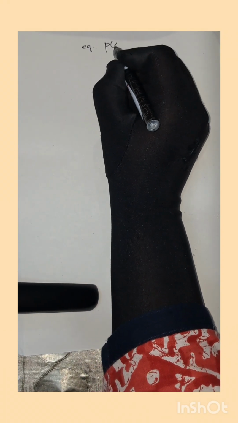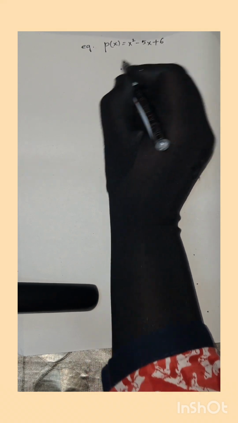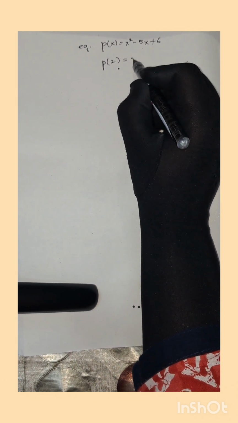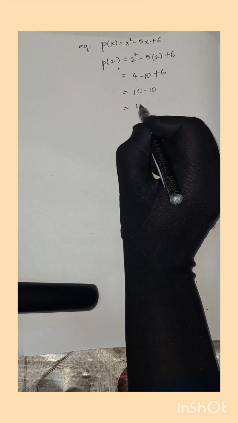Let P of x be equal to x square minus 5x plus 6, and P of 2 is equal to what? Substituting 2 in place of x, it will be 2 square minus 5 into 2 plus 6. So 2 2s are 4, minus 5 2s are 10, plus 6. 6 plus 4 is 10. 10 minus 10 is equal to 0, right?